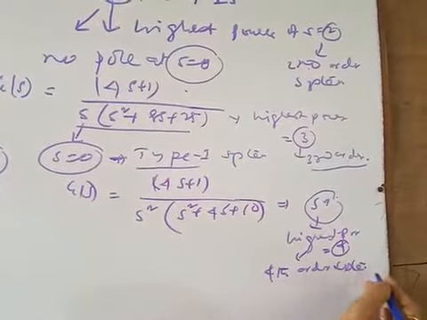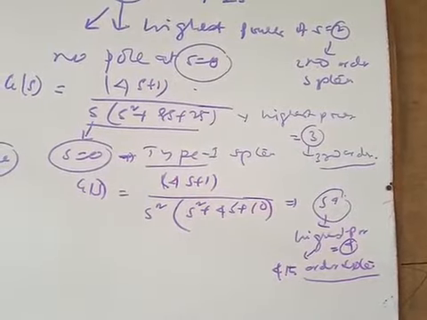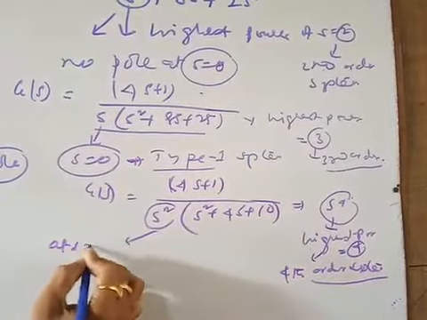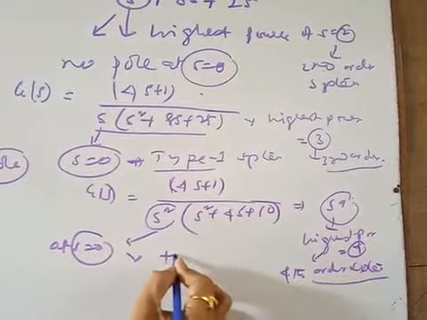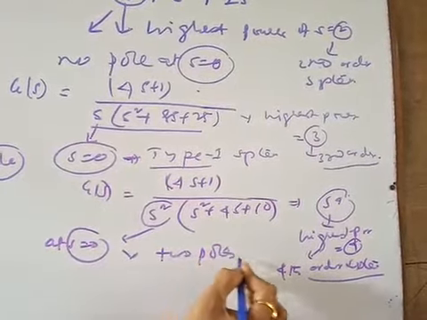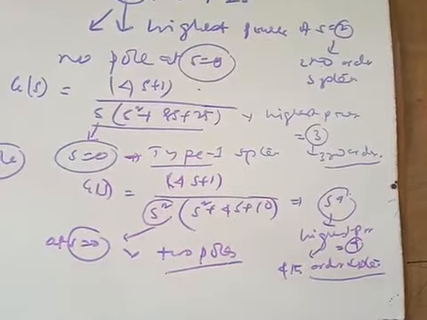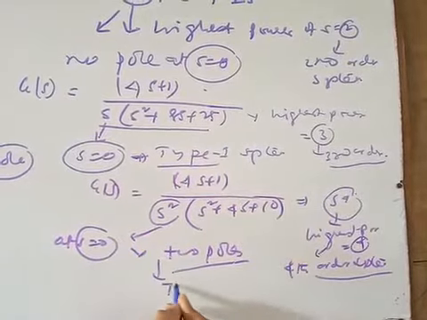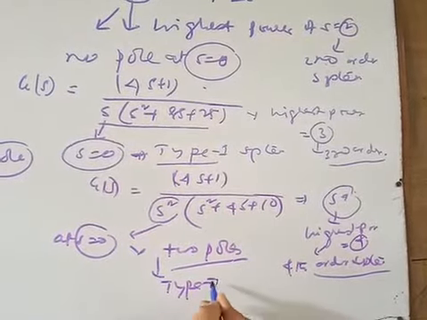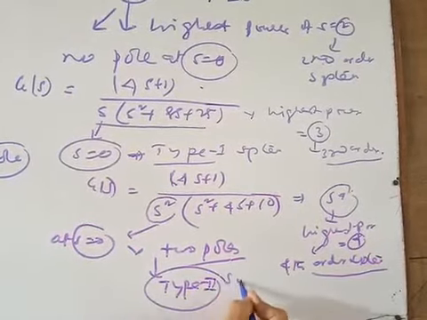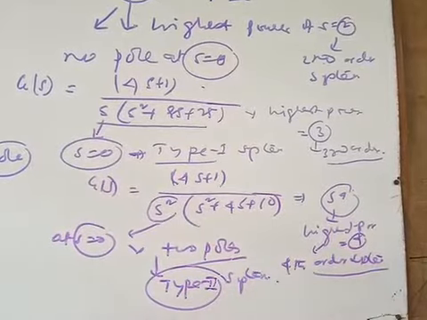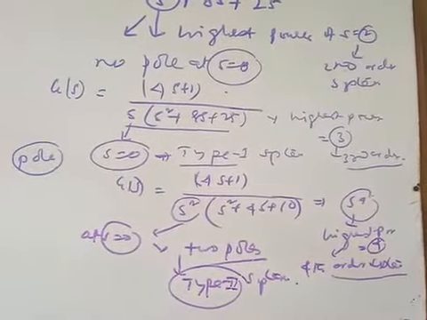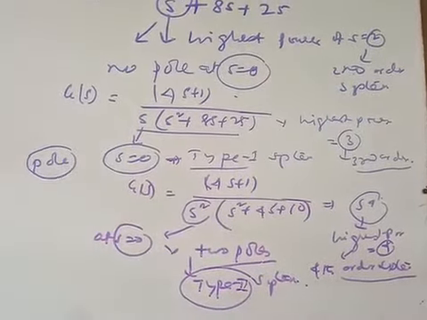And simultaneously you can see that at s is equal to 0 there are two poles. How many poles in the denominator at s is equal to 0? Two. So this is a type 2 system. That is how you can recognize whether a system is type 0, and what the order of the system is.